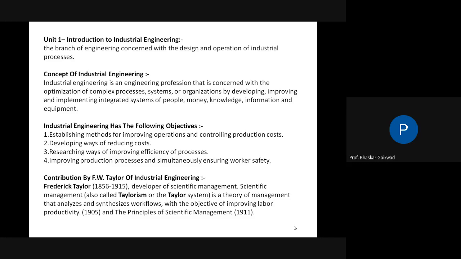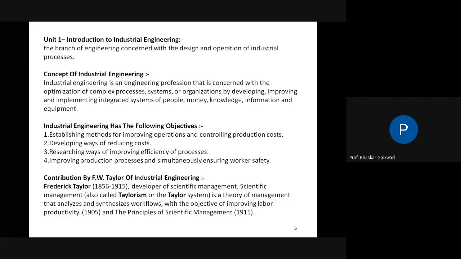Definition, concept of industrial engineering, the main objective of industrial engineering, contribution of F.W. Taylor and F. Gilbert, the scientists. If you consider all these points, then totally this is related to improvement in production and productivity, and new development of the method study by reducing the cost.